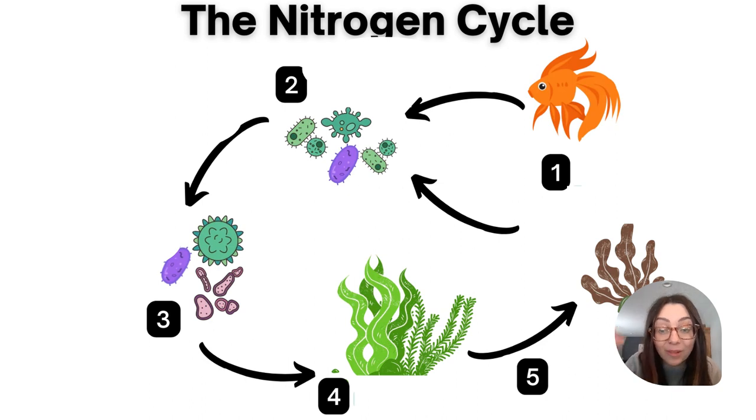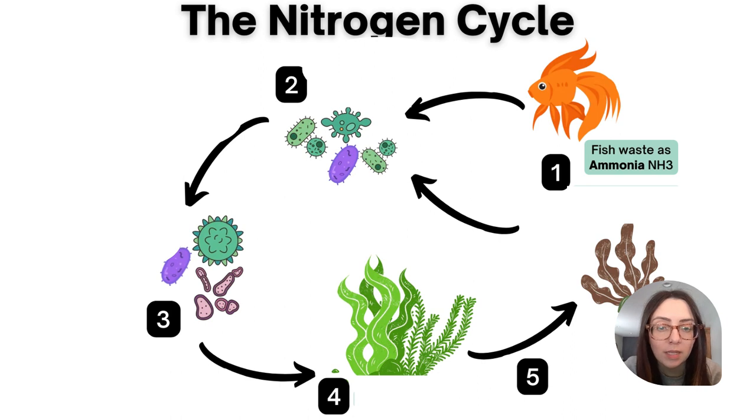Okay, so our last one here is the nitrogen cycle. This will really come into play when we're talking about your water ecosystem in your bottle ecosystem. Okay, so you have your little fish here. We're going to have guppies. Now they produce waste.